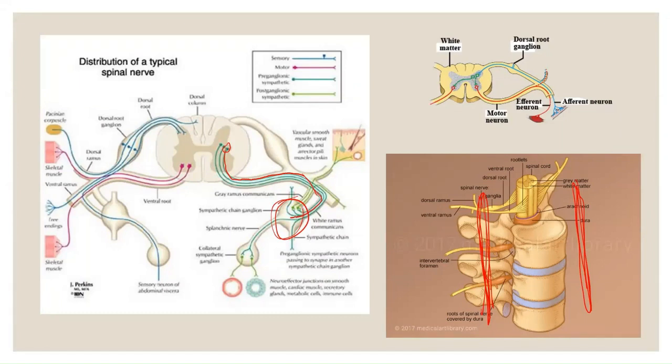And here it can either leave the spinal cord from here, or it can travel upwards or downwards. And it can also re-enter the spinal nerve and travel with other nerves from the spinal nerve.